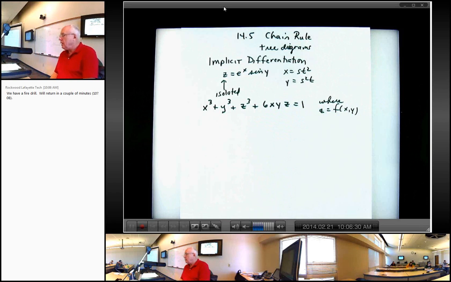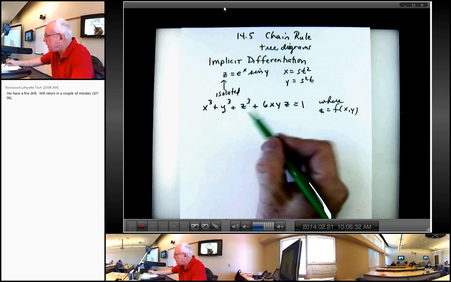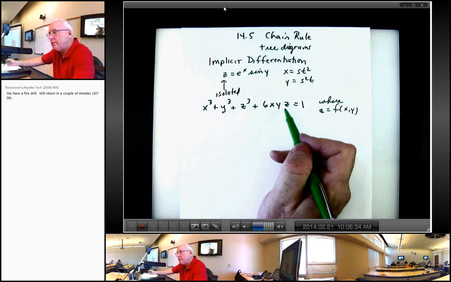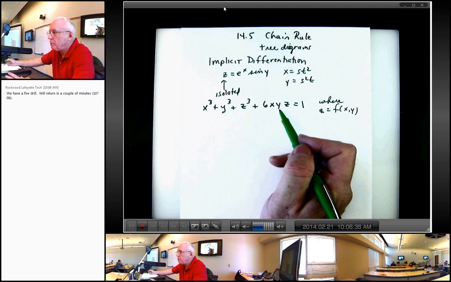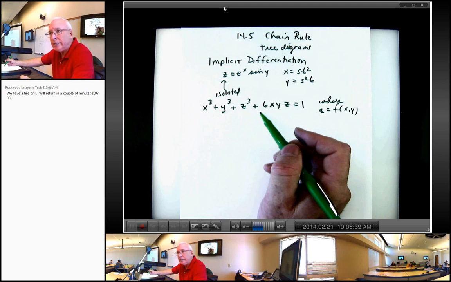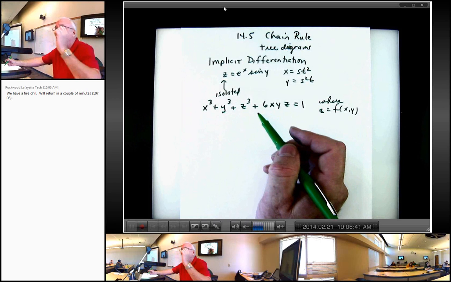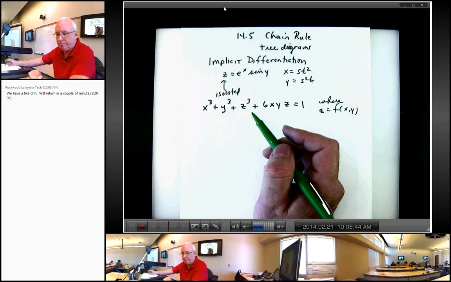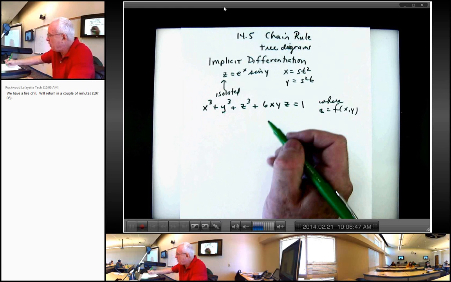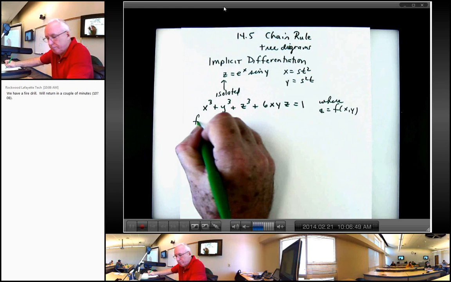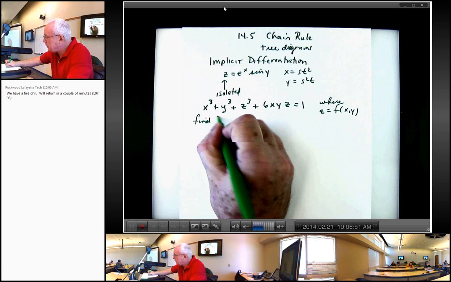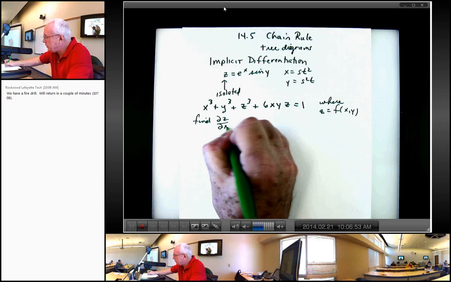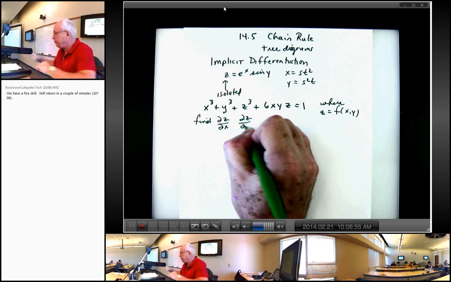If you look at this, z is here and z is there, and there's no way algebraically that we can isolate z by itself on one side of the equation. So what we want to find is the partial of z with respect to x, and the partial of z with respect to y.